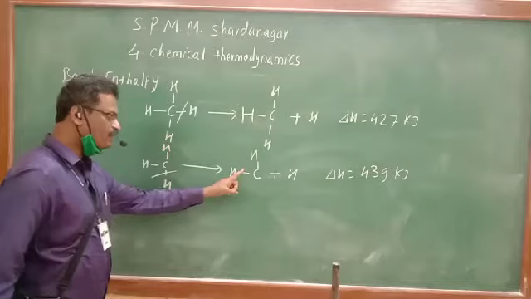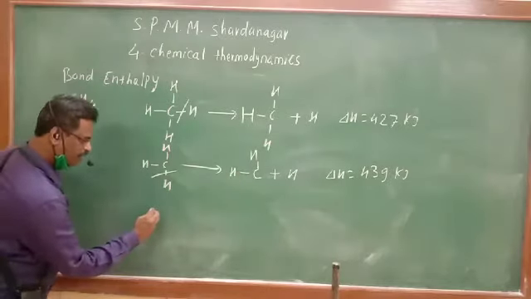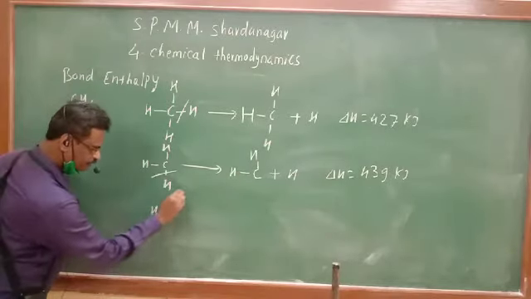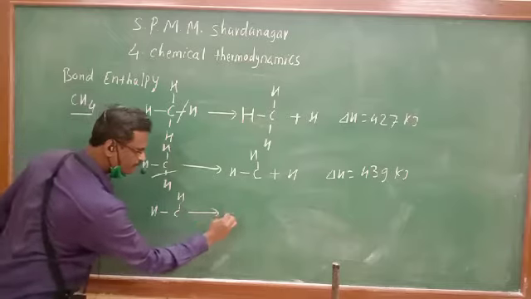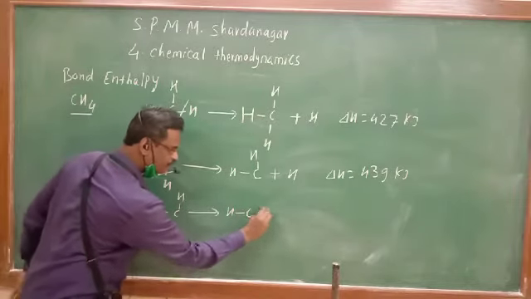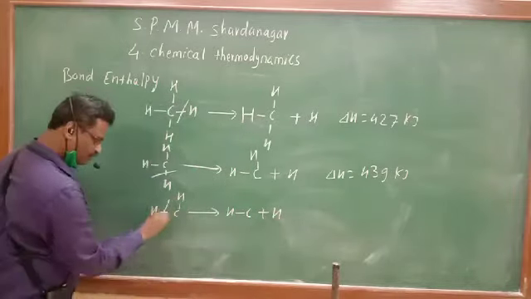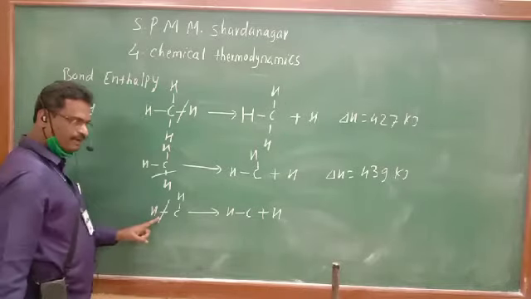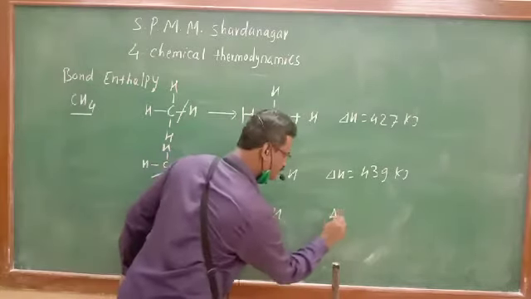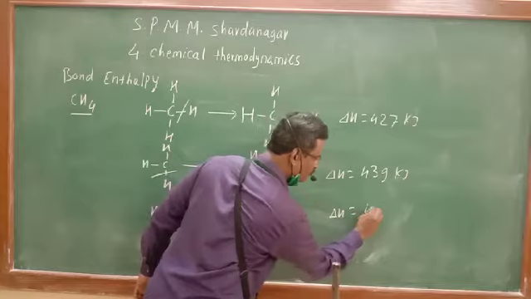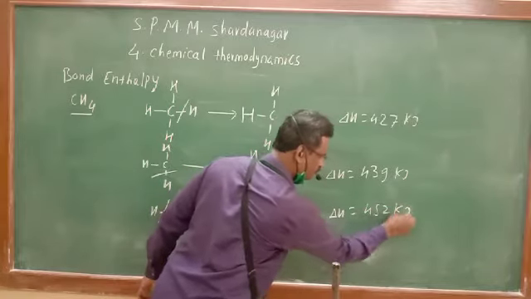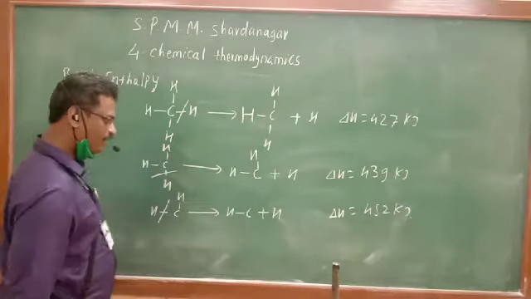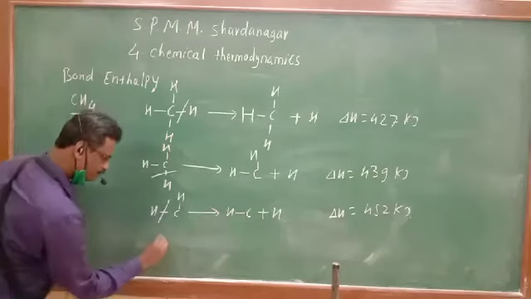Now again the third bond is broken. Third one, CH2. It gives CH plus H. To break this bond, the energy required delta H will be 452 kilojoule. Now this last bond is broken.